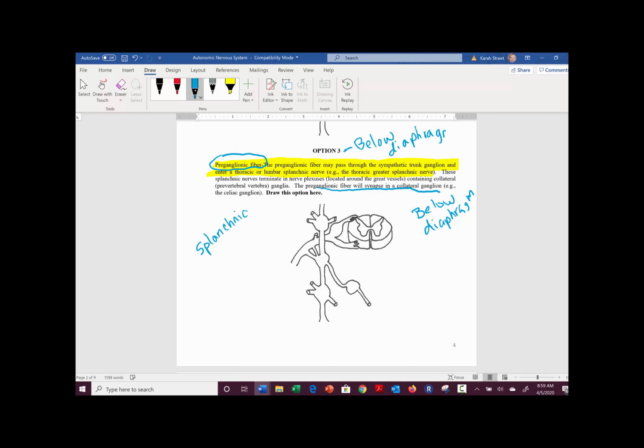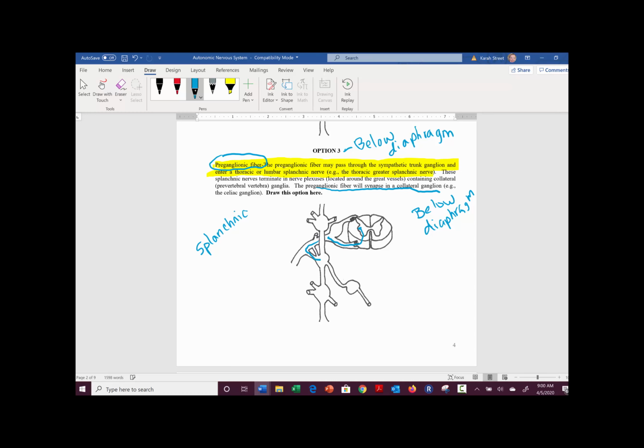And basically, the sympathetic preganglionic fiber, if it could talk to you, would say, hey, I just want to get a little bit closer to those involuntary effectors. I need to go a little bit further than all the other previous two options. So the preganglionic fiber exits through a ventral rootlet to a ventral root to a spinal nerve for a short time before entering an anterior primary ramus, entering through a white ramus communicans.